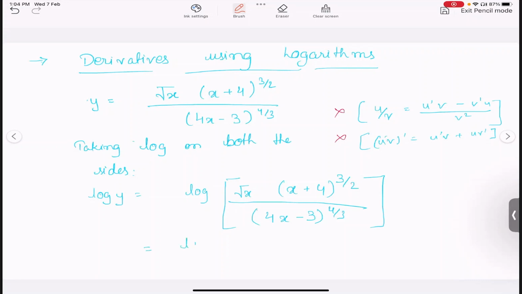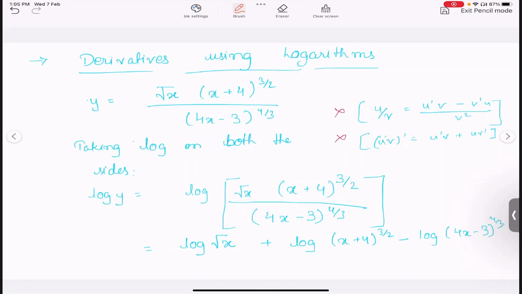So this will become log of the square root of x, plus log of (x plus 4) to the power 3 by 2, minus log of (4x minus 3) to the power 4 by 3.